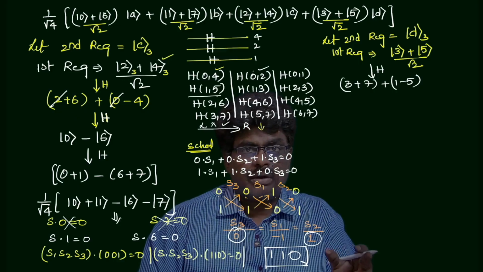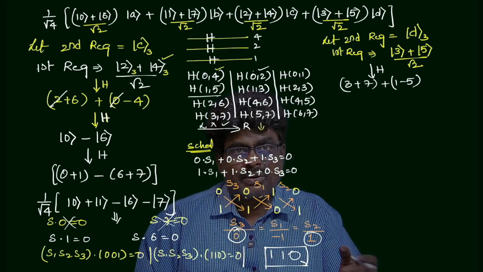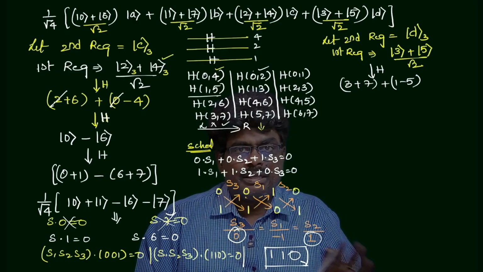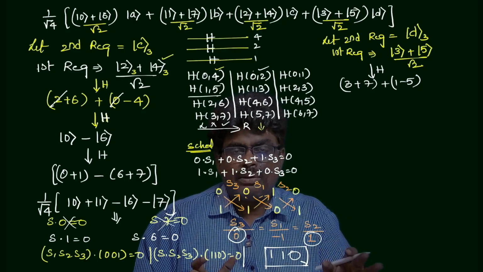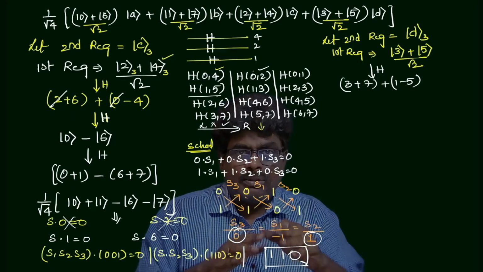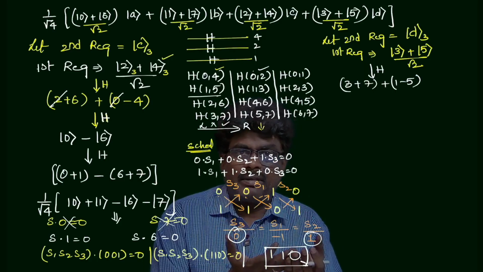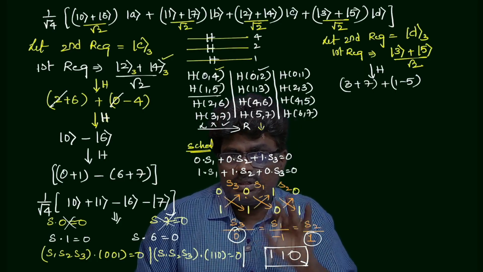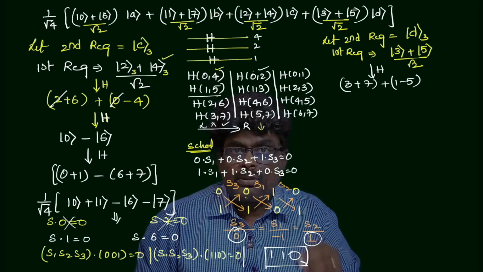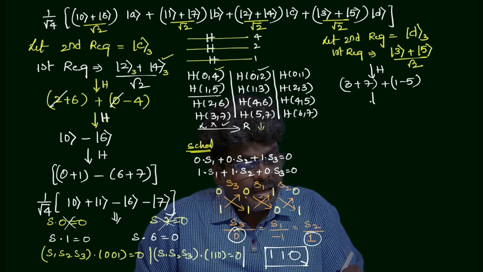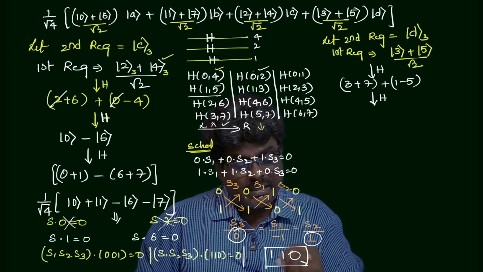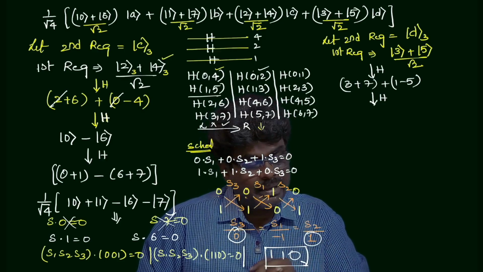If you want to know this method, I request you, there is one video on quantum circuits, how to solve any quantum circuit by using a decimal state notation. See, I'm not doing any new thing, just I'm using this decimal notation to solve the circuit. Finally again I will keep it in the binary notation only, no need to worry. So I'm sure you will get the same answer. So again here I am taking the second Hadamard. So here little bit careful.